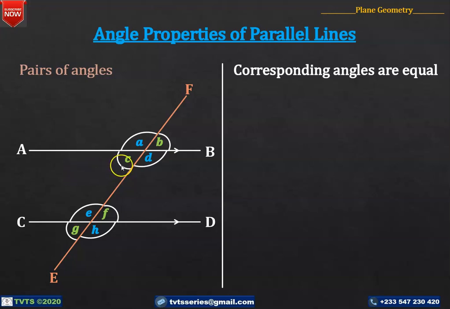On the left side of the transversal, A corresponds to E and C corresponds to G. Therefore, A is equal to E and C is equal to G. And on the right side of the transversal, B corresponds to F and D corresponds to H. Therefore, B is equal to F and D is equal to H.